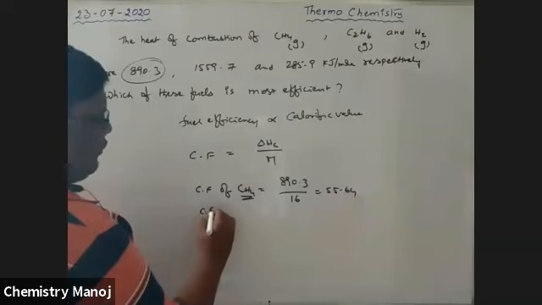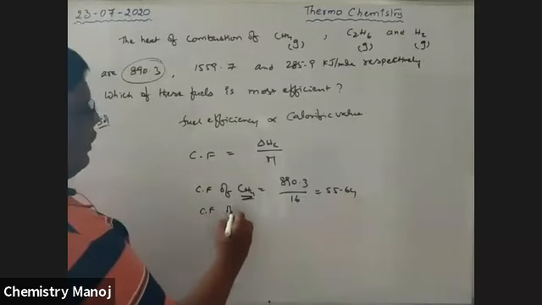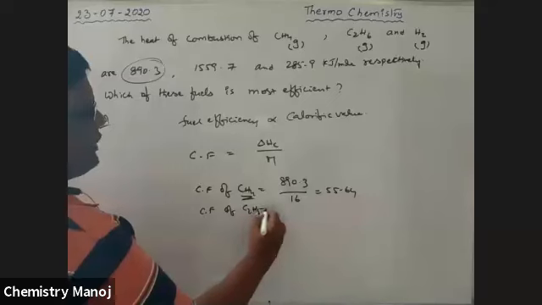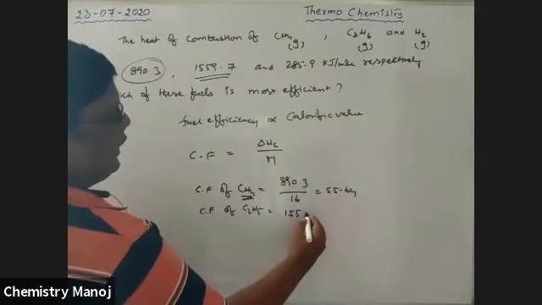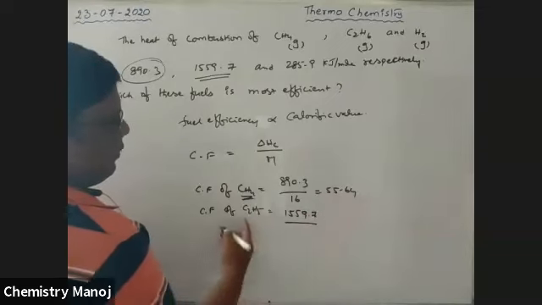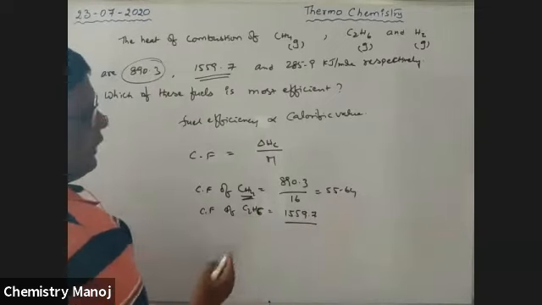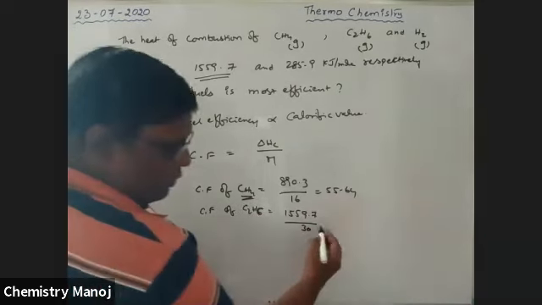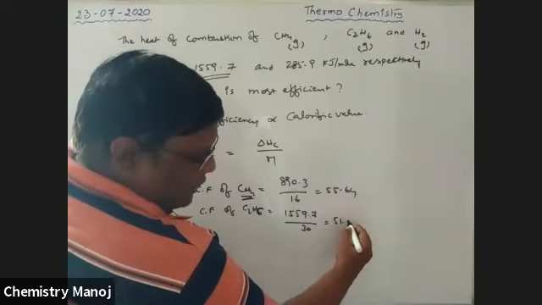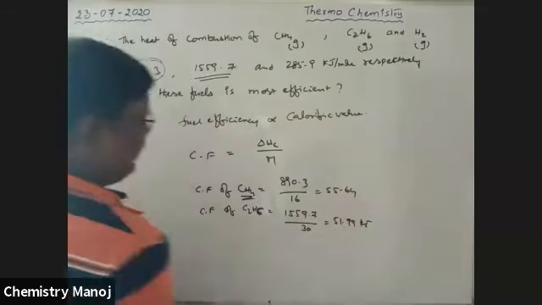Next, calorific value of C2H6 is 1559.7 divided by the molecular weight 30, which is equal to 51.99 kilojoules.